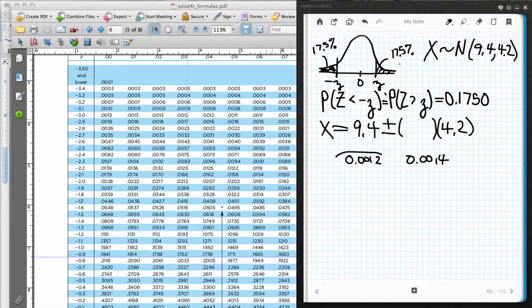So the first one that I came across, the 0.1762, is actually the closer one.